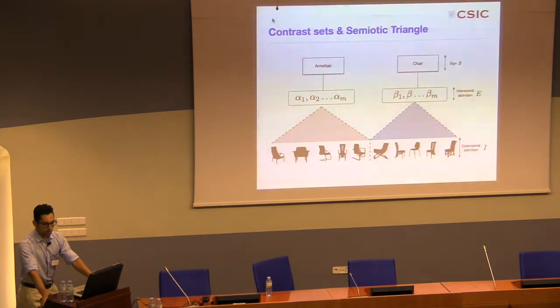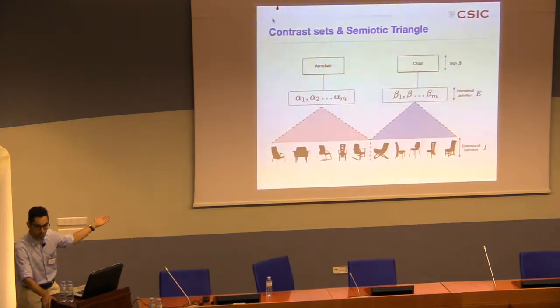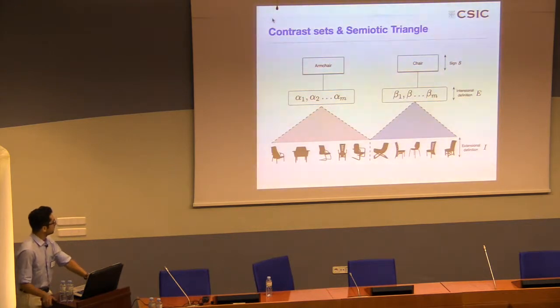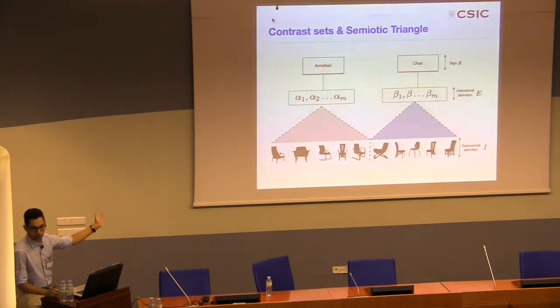Things start to be a little bit more complicated when we have a lot of elements. So, for example, here I will talk about the lexical field of seats. In the field of seats, you have chairs and armchairs, and you can divide the elements of this field by taking generalizations over the elements of those examples.